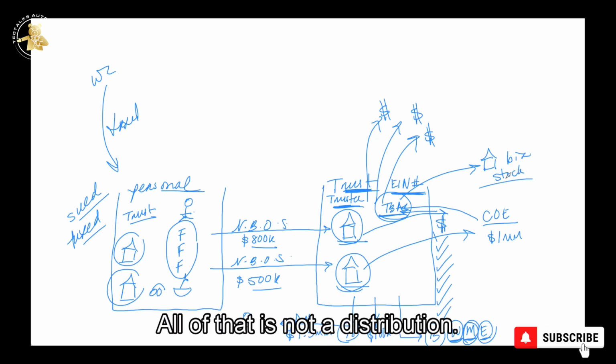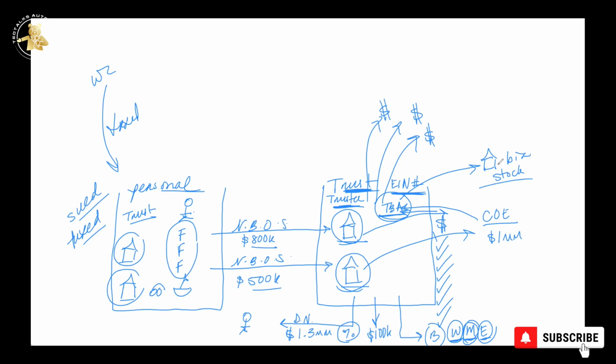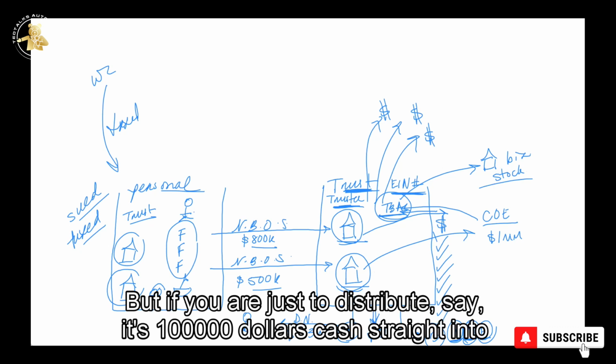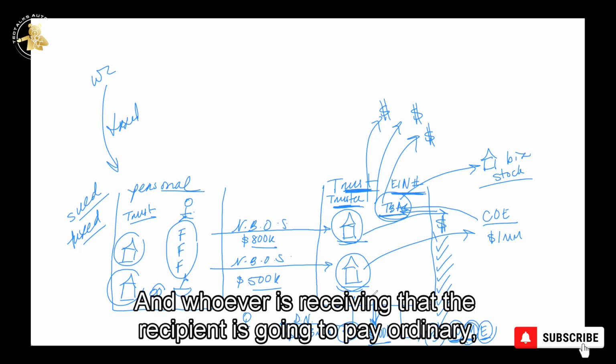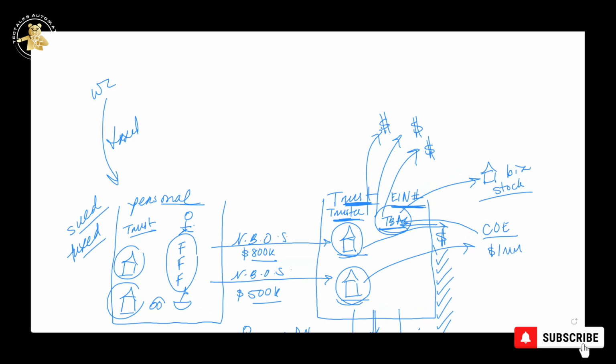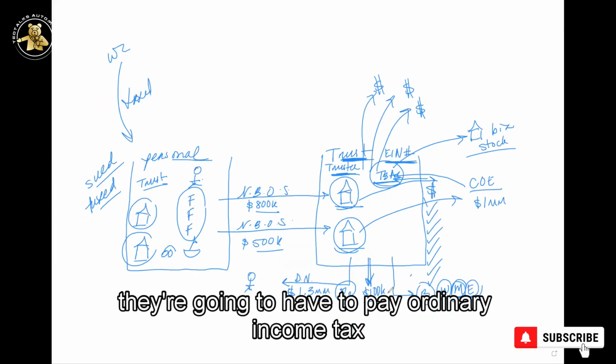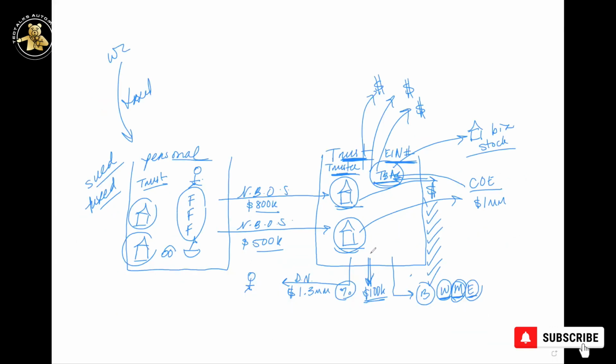All of that is not a distribution. But if you were just to distribute, say it's $100,000 cash straight into your beneficiary's hands, well, that's a distribution. And whoever is receiving that, the recipient is going to have to pay ordinary income tax on what they receive.